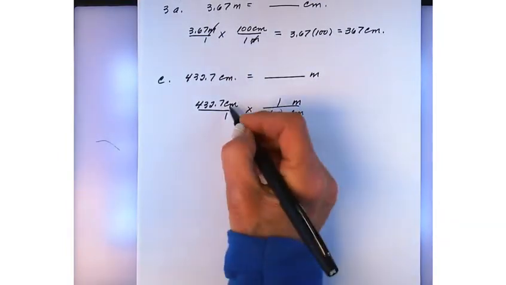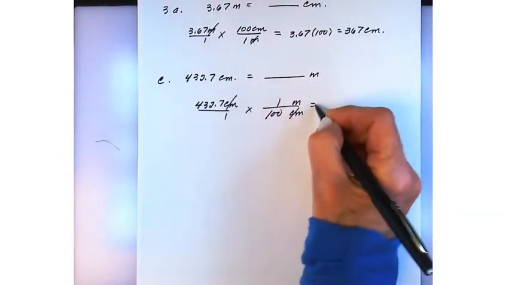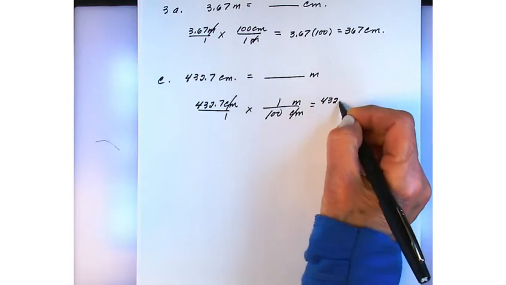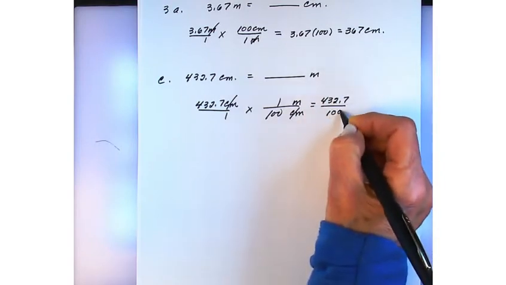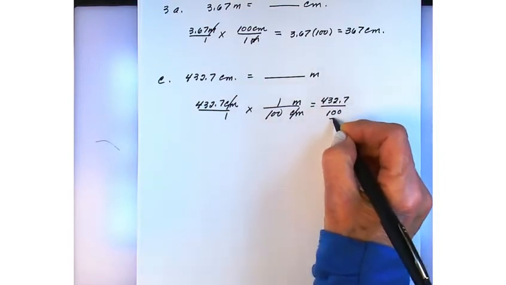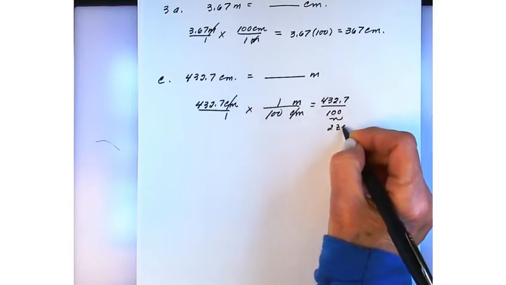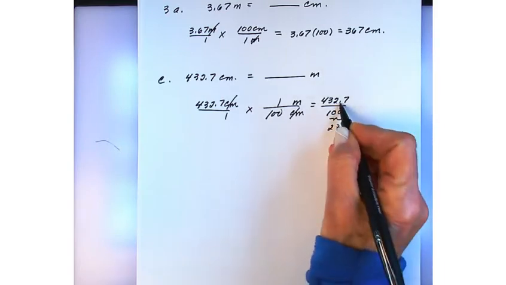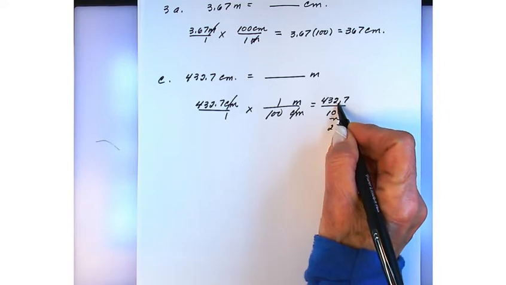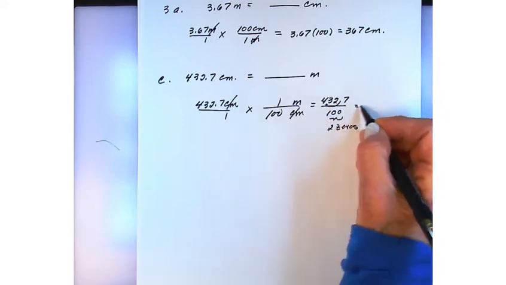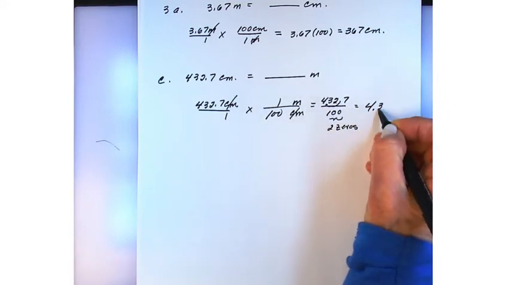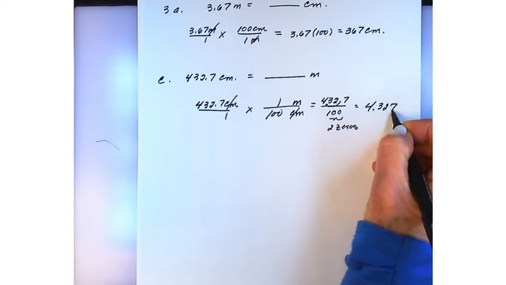The word centimeters cancel. I now have 432.7 over 100. I have 2 zeros here, so I'm going to move my decimal point 2 places to the left, and I have 4.327.